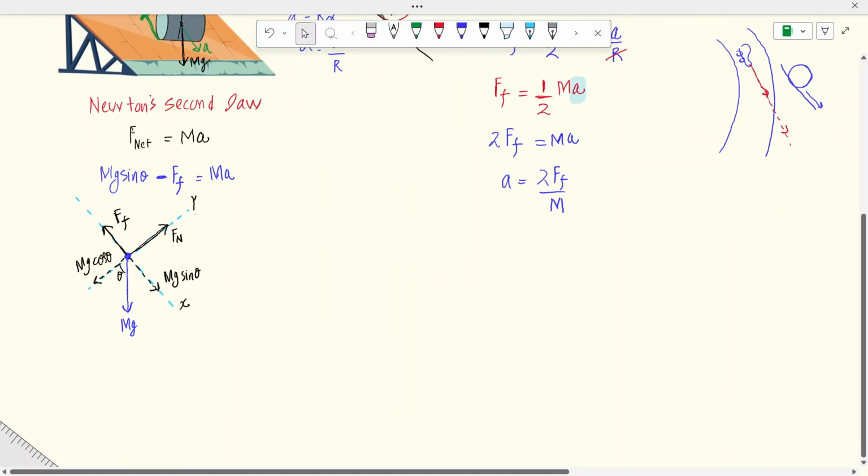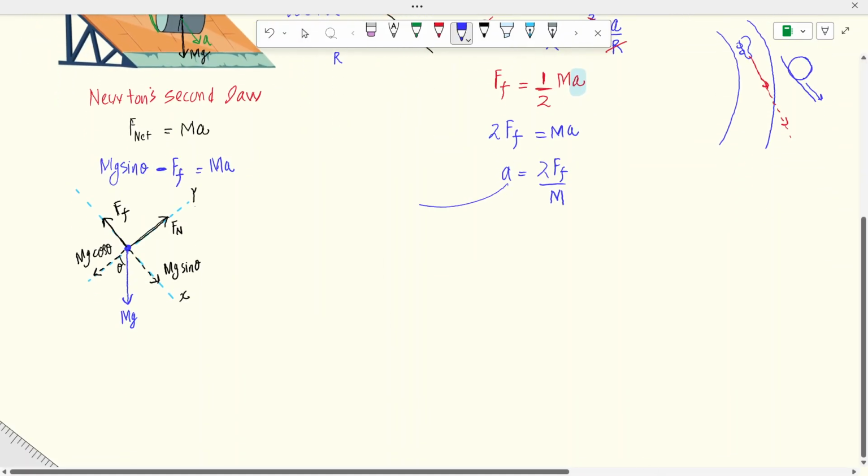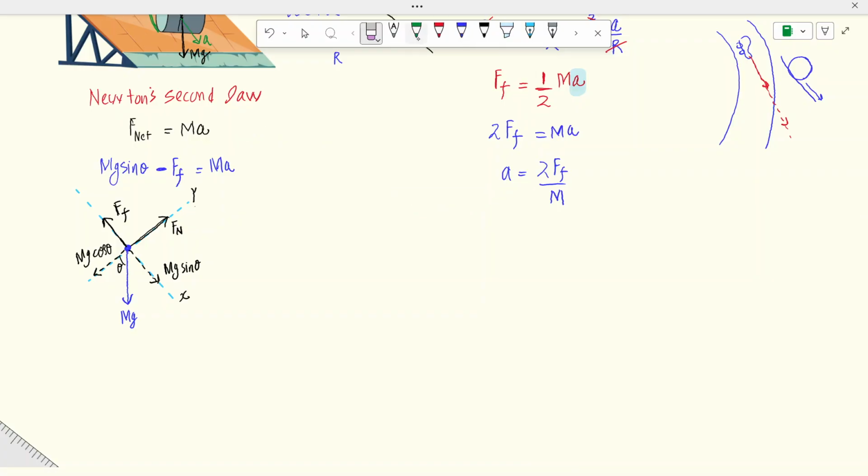So dear students, now we are going to substitute the value of acceleration in this equation to get the force of friction. So what will it become? mg sin theta minus the force of static friction equals m times 2 times the force of static friction divided by m.